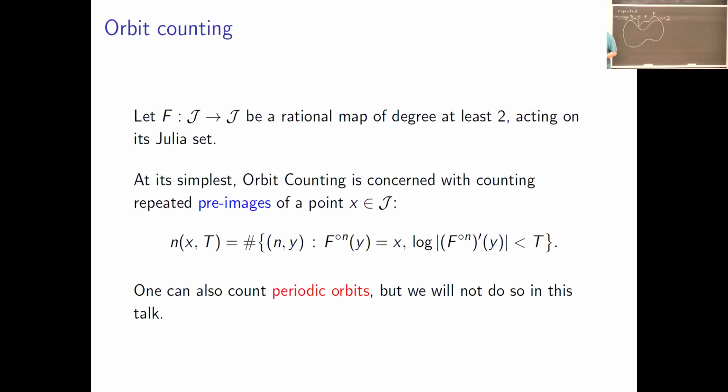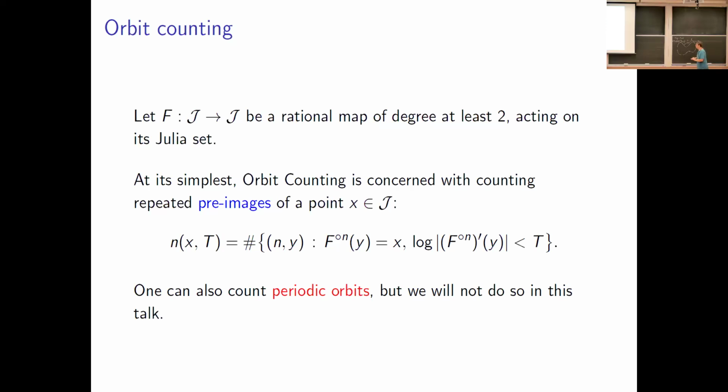One can also count other things like periodic orbits or, say, complementary components of size at least delta. But those questions are generally reducible to counting preimages. So if you can count preimages and you're lucky, you can also count other things.